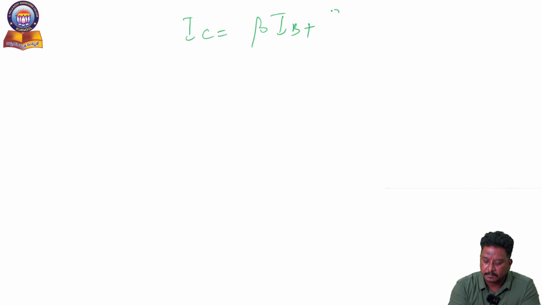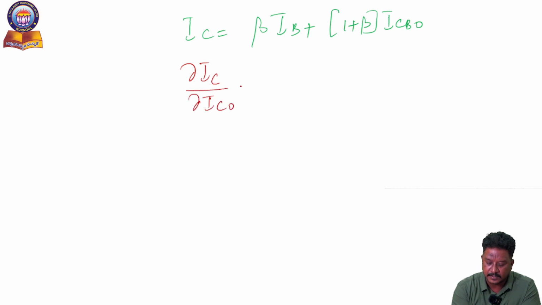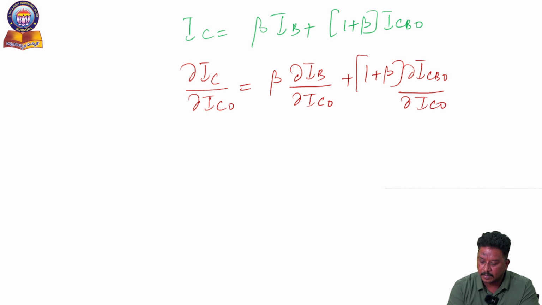As we know, the collector current IC is equal to beta into IB plus 1 plus beta into ICBO. Now differentiating both sides with respect to ICO: beta into change of base current with respect to ICO, plus 1 plus beta into change of ICBO with respect to ICO.